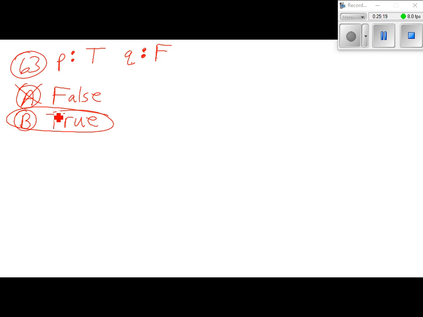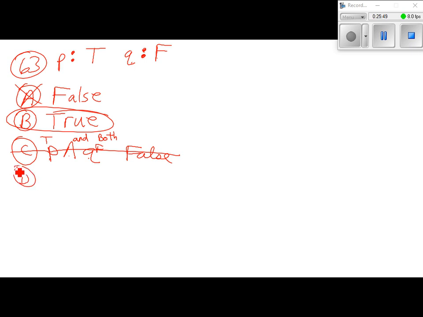Then the next one says P, and then it's got that symbol, Q. Remember, this symbol means and. If it's and, both parts have to be true for the whole statement to be true. So P is true, Q is false. Well, then that tells us that the whole thing is false. So that one won't work.